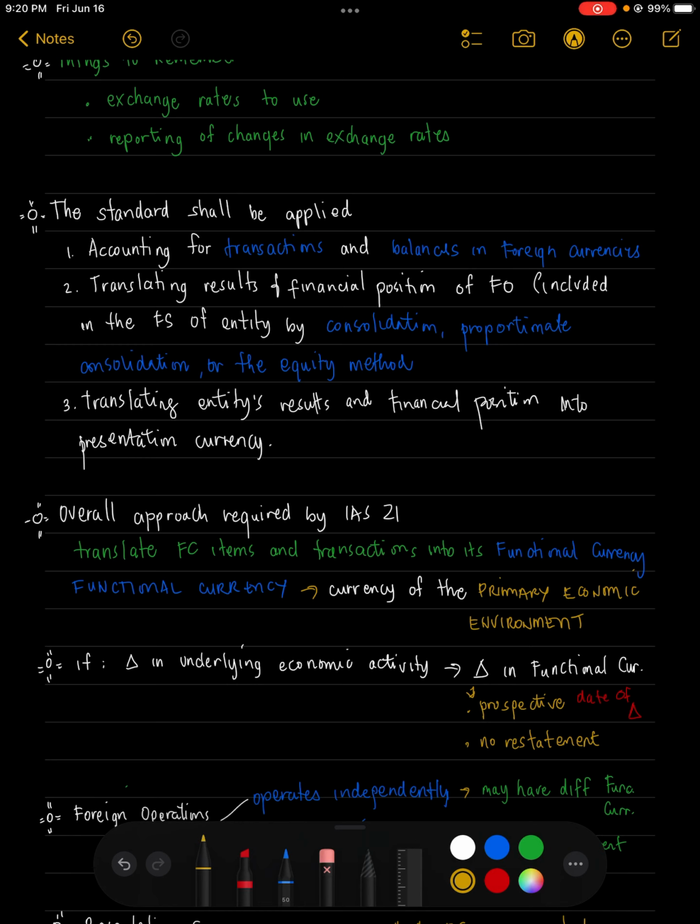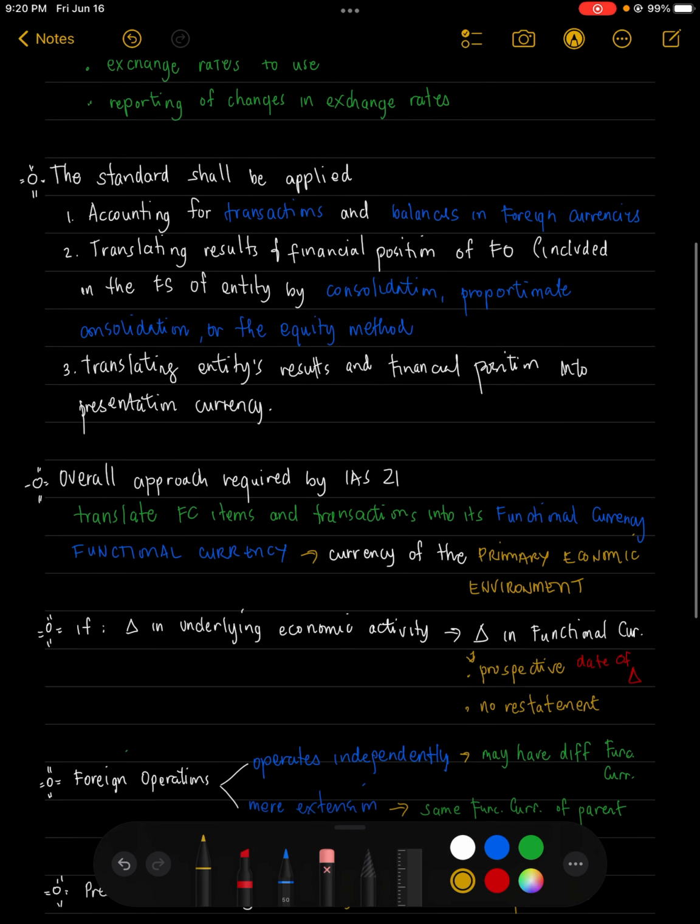Okay, so ibig sabihin, you cannot choose the functional currency to be used, but instead, nakadepende yon sa primary economic environment. So, pag sinabi nating primary economic environment, ito yung normally the one in which it primarily generates and expends cash, no?